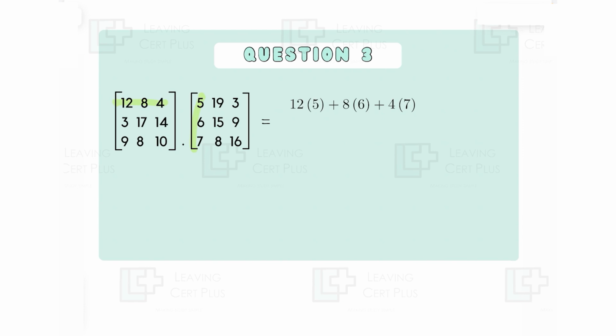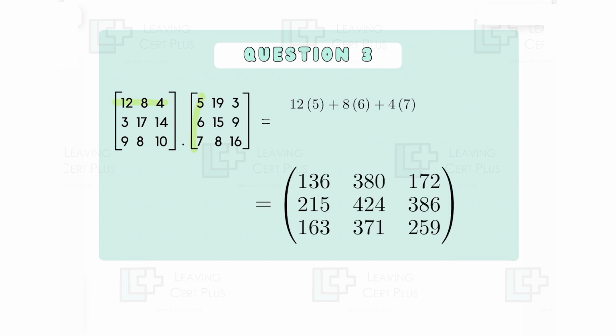So if we keep doing that for every single row and column, we'll eventually end up with 136, 380, 172, 215, 424, 386, 163, 371, and 259. So there's a lot of work involved in that. It's very meticulous. Make sure you take your time and make sure you take care with your workings.